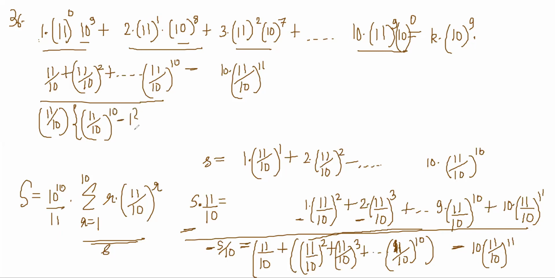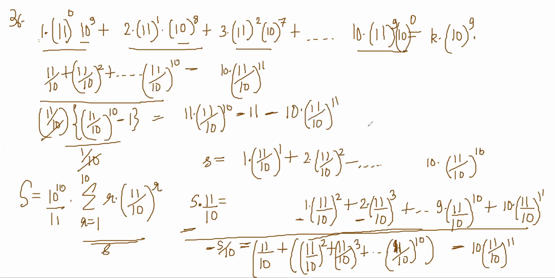11 by 10 to the power 10 minus 1 by 11 by 10 minus 1, which is 1 by 10. So 10 gets cancelled. So 11 into this, so this is equal to 11 into 11 by 10 to the power 10 minus 11, and minus 10 into 11 by 10 to the power 11. So that becomes 11 times something minus 10 times something. So it is just 11 by 10 times 11 minus 11.